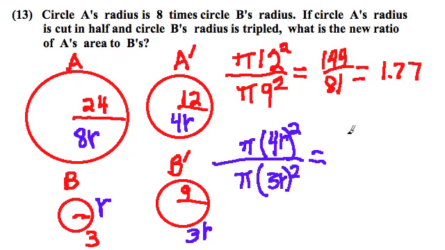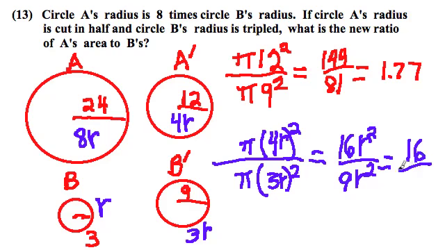So the pi's will cancel out, and you'd have 16r squared over 9r squared. So no matter what the radius was, the radiuses would cancel out, and it would be 16 over 9, which would be equal to that.